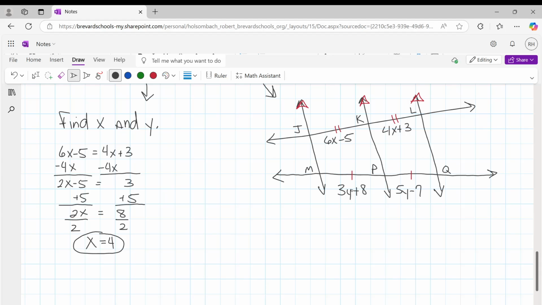Solving for y, we're going to set 3y plus 8 equal to 5y minus 7. Subtract 3y from each side. So 8 equals 2y minus 7.